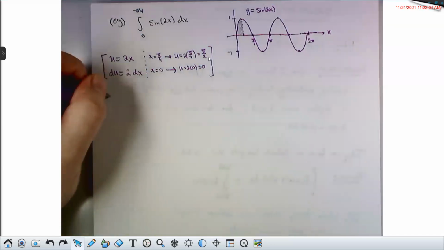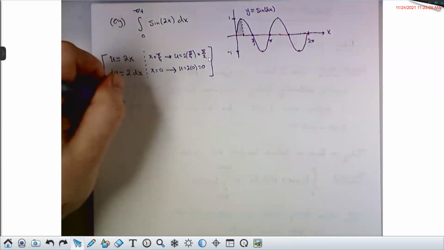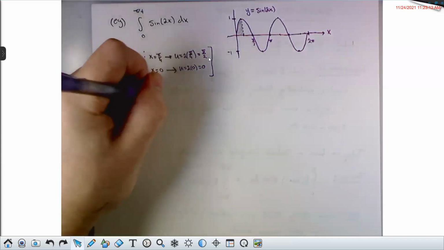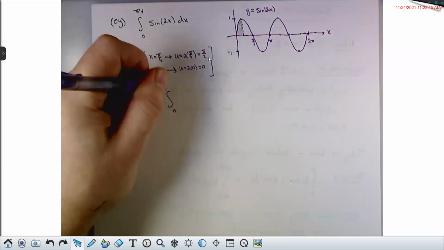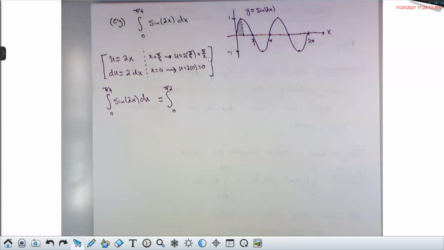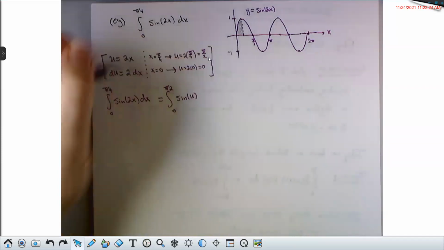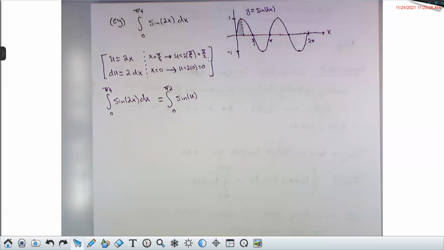Which means that my integral 0 to pi over 4 sine of 2x dx is equal to the integral from 0 to pi over 2, new bounds, sine of u. 2x is u, that's the substitution I'm making.